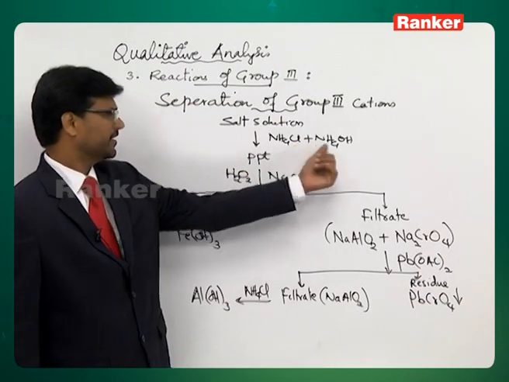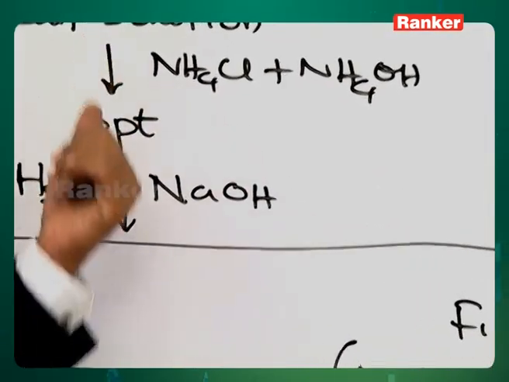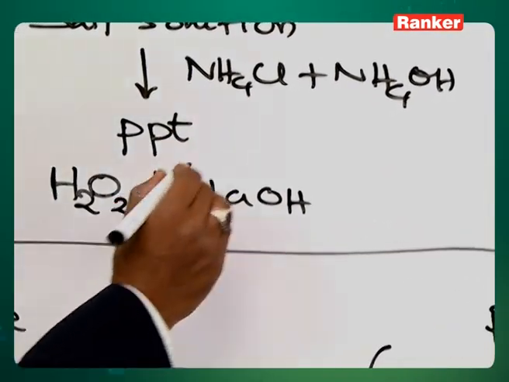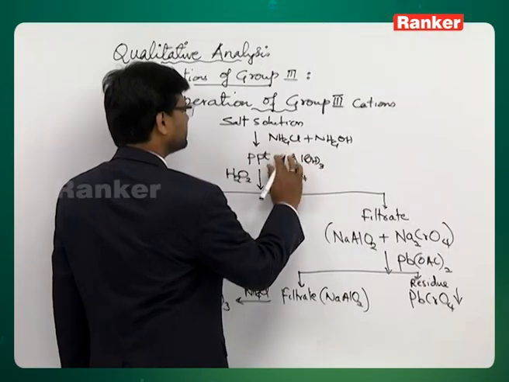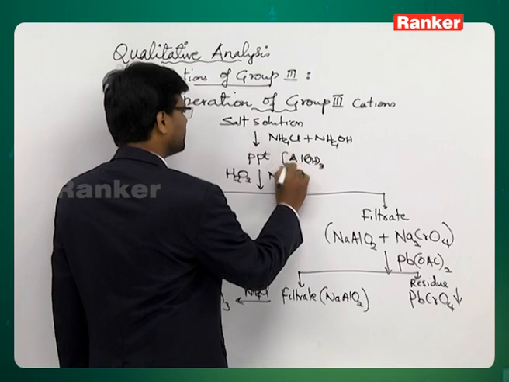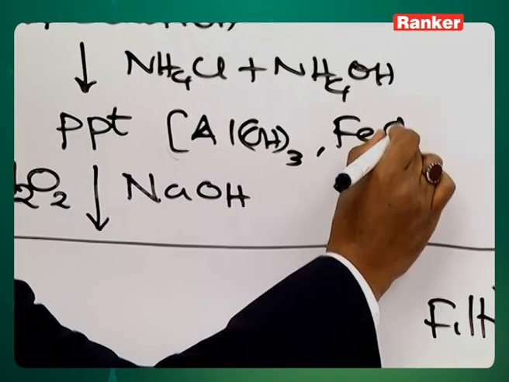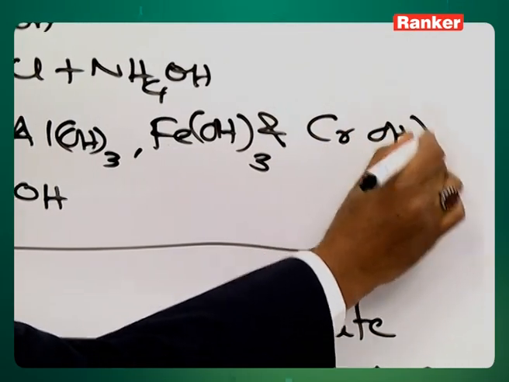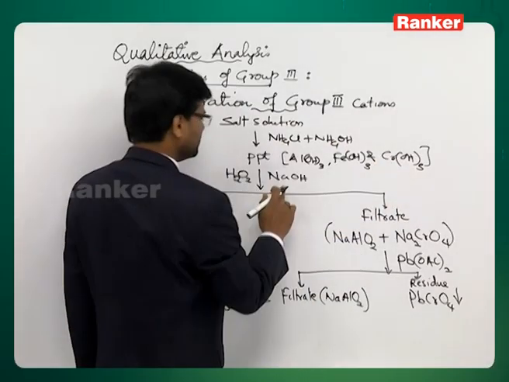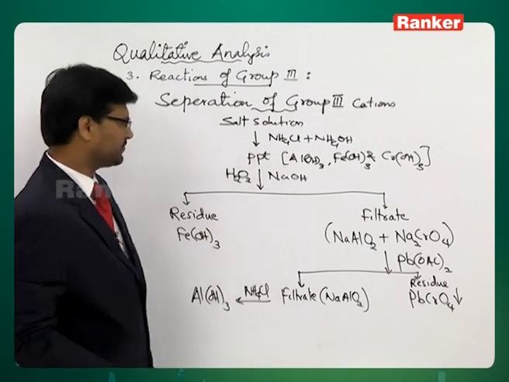First add ammonium chloride and ammonium hydroxide, you get a precipitate. This precipitate may contain all the three: aluminum hydroxide, ferric hydroxide and Cr(OH)3. Then add sodium hydroxide in presence of hydrogen peroxide.